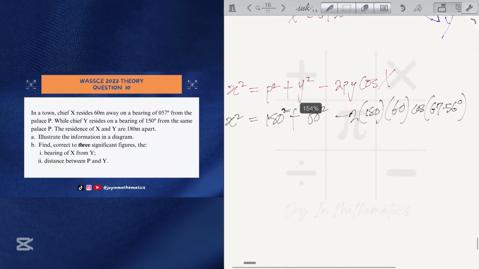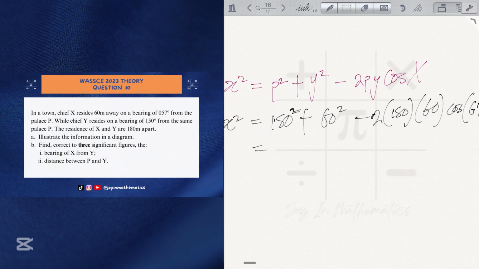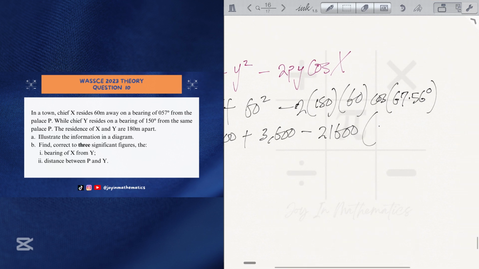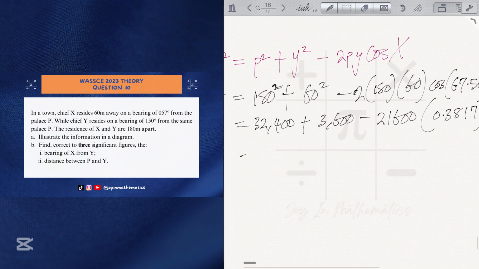So in view of that, 180 squared is 32,400, 60 squared is 3,600, and 2 multiplied by 180 multiplied by 60 is 21,600, and we are multiplying it by 0.3817.